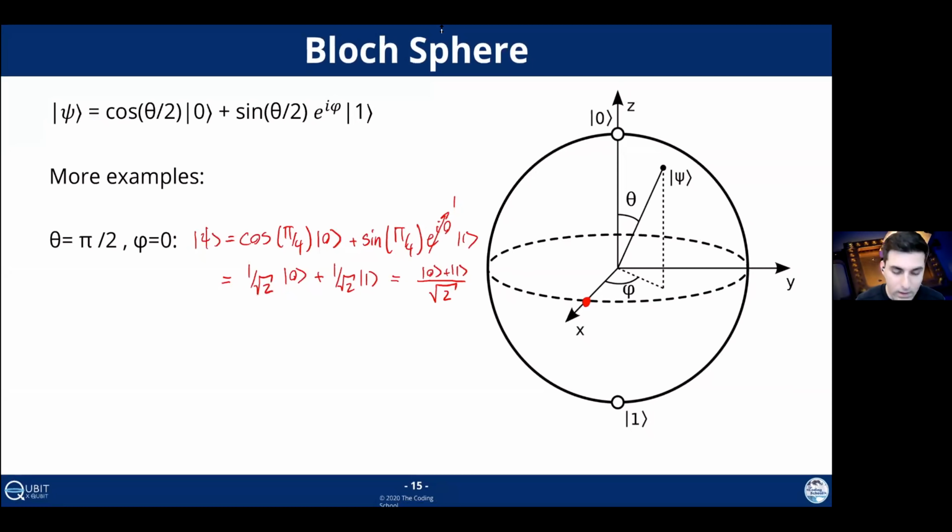Okay, let's see. I'm a little off with the animation. Another example that I want you to think about is, what if theta is pi divided by 2, but phi is equal to pi in this case? Again, let's take 30 seconds to think about it. I'm going to relaunch the poll, so let me know what you get.